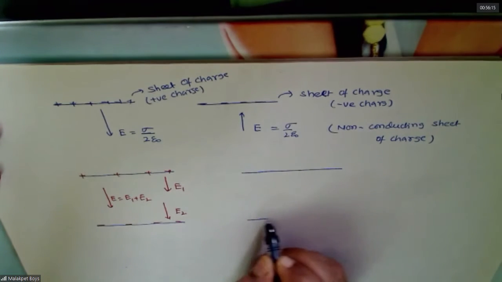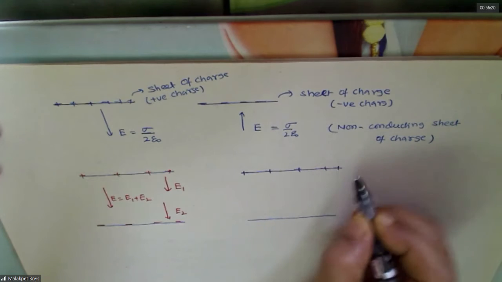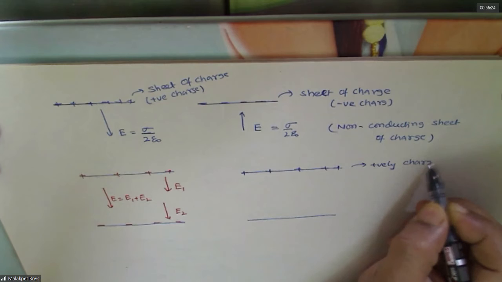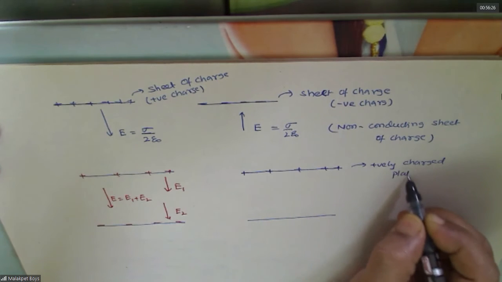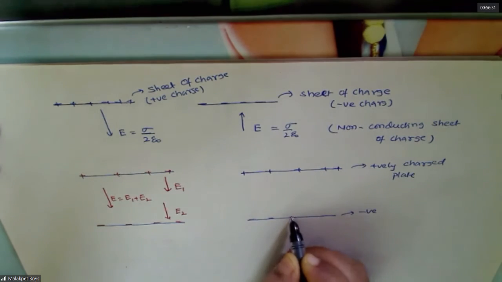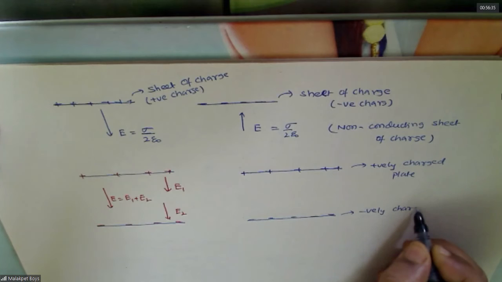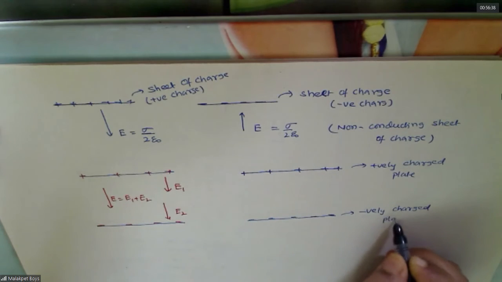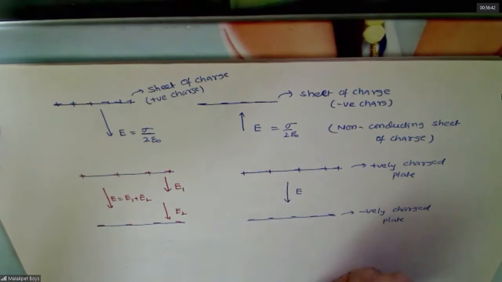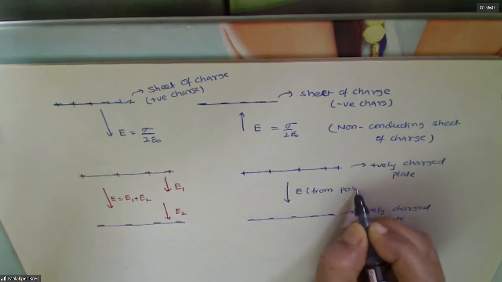So whenever I keep a positive charged plate and this is a negatively charged plate, then the electric field is from positive to negative. Agreed? Yes, sir.